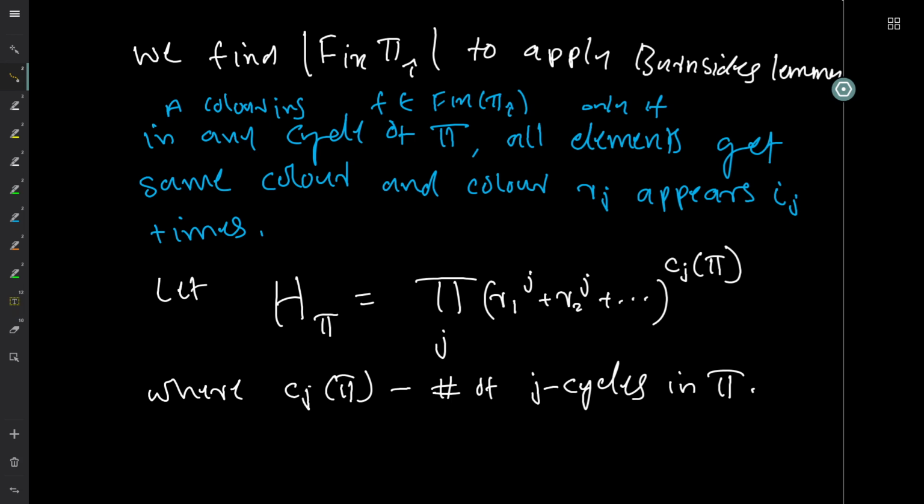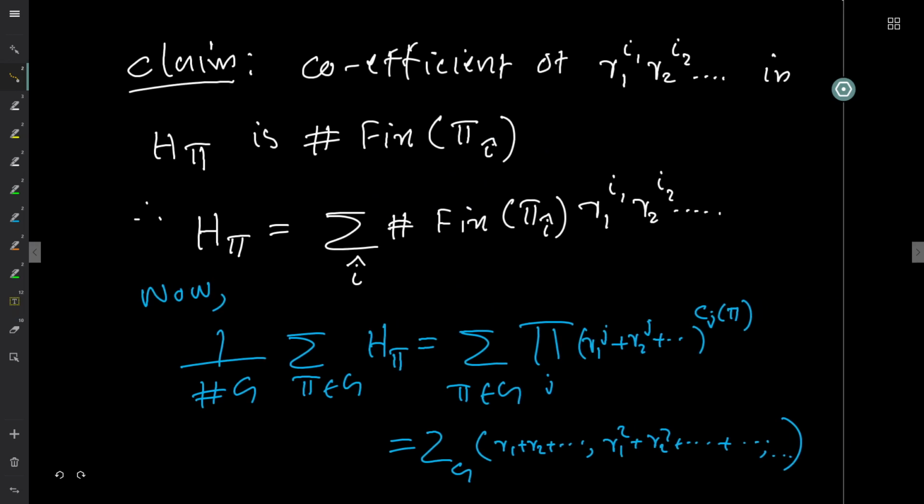So what is the fix of pi I cap? That is precisely the coefficient of r1 raised to j1, r2 raised to j2, etc. So that was the claim that we want to make. The coefficient of r1 raised to i1, r2 raised to i2, etc. in S pi is fix of pi I cap.